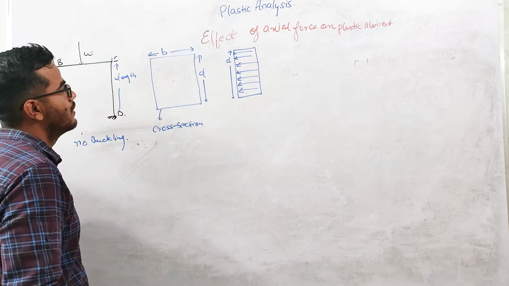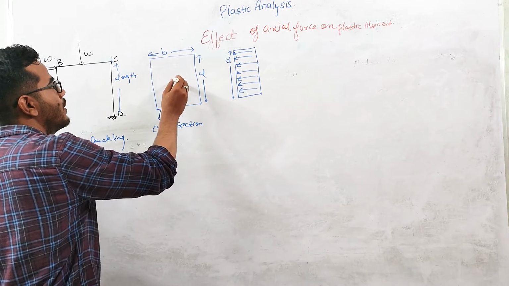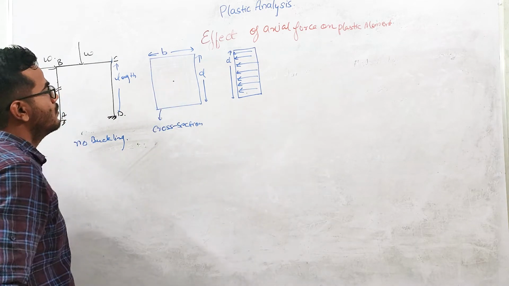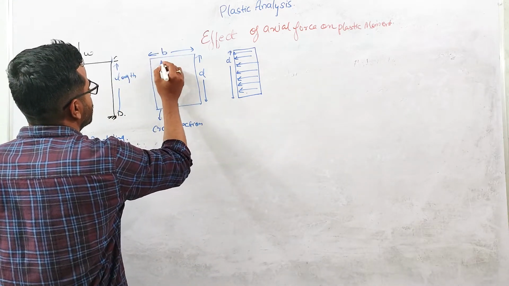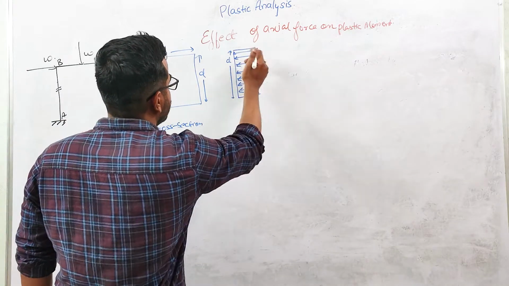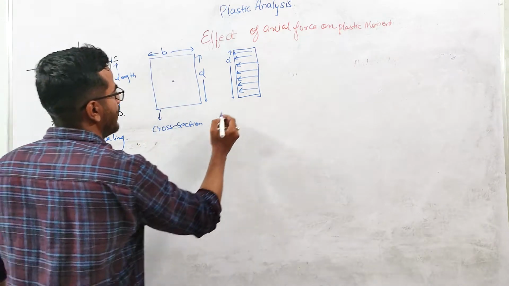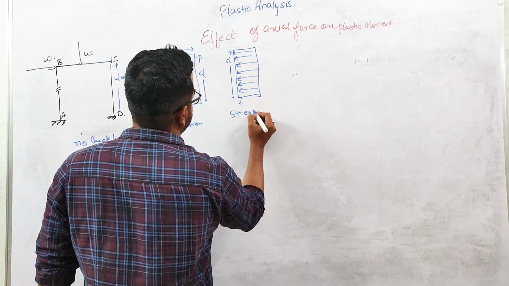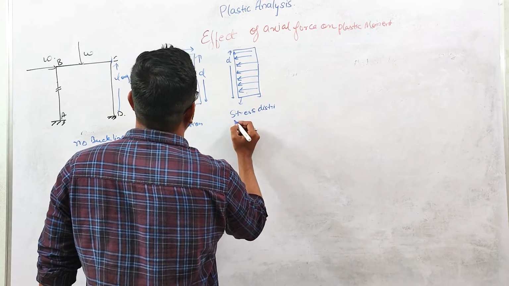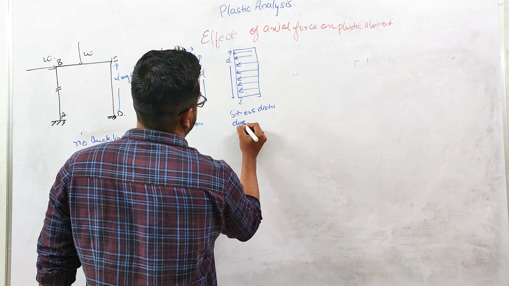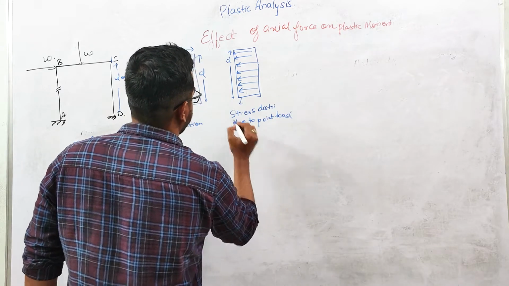If you apply a load at this point, the stress distribution generated on this cross section will be a uniform stress distribution due to this point load P.